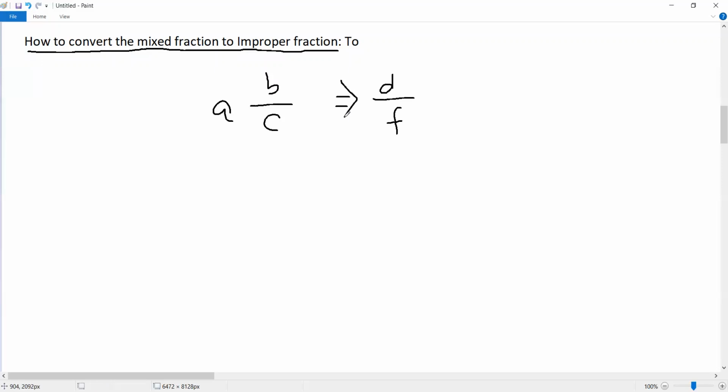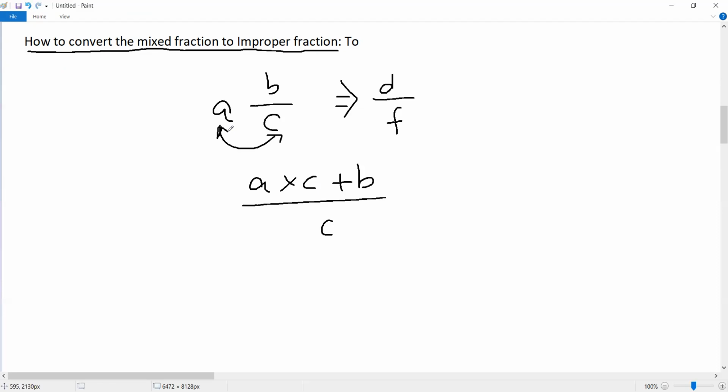For that, the method is multiply a with c, then add b to the product and write c below. So a multiplies with c, these two numbers multiply, then after multiplying these, you add b.